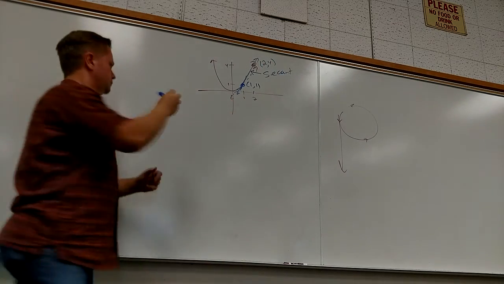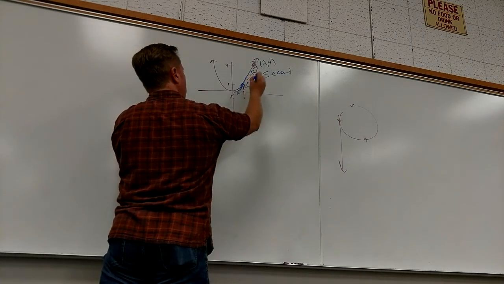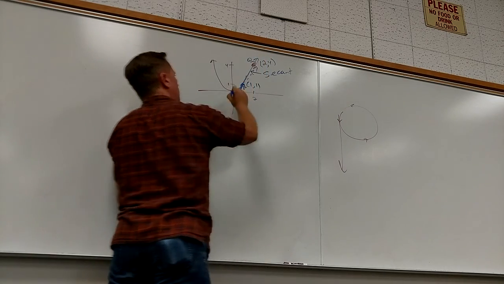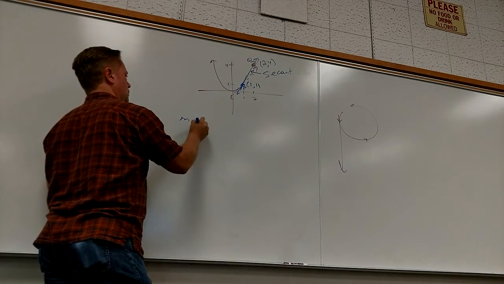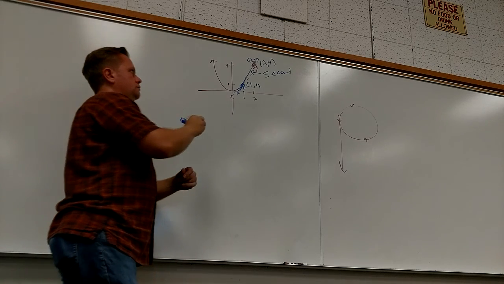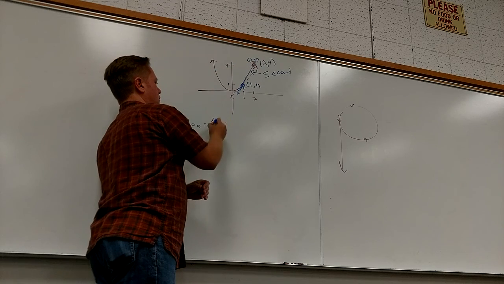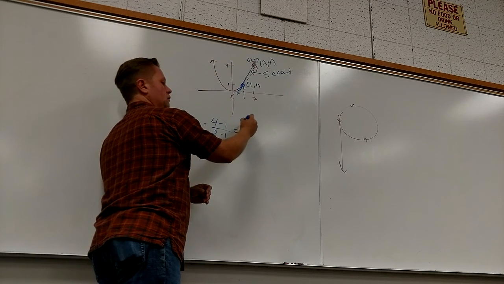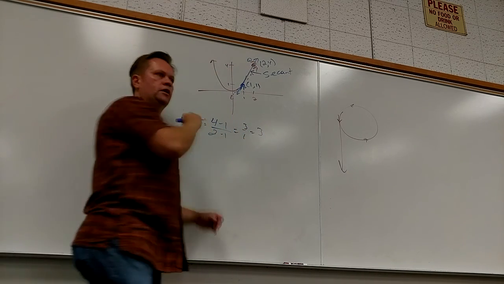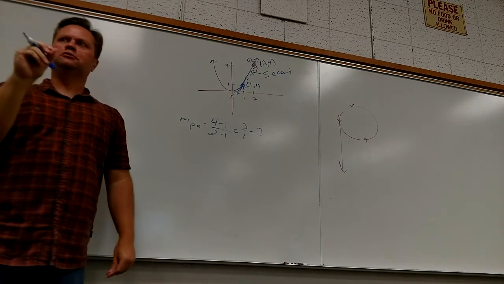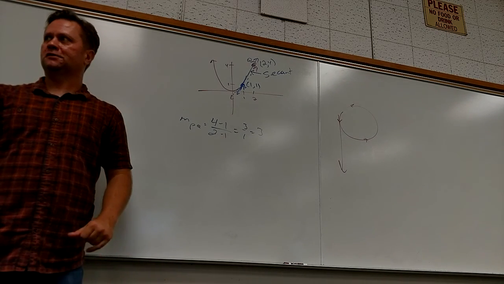What's the slope? Let's call it P. Yeah. 4 minus 1 over 2 minus 1. 3. Now how do I improve my estimate?